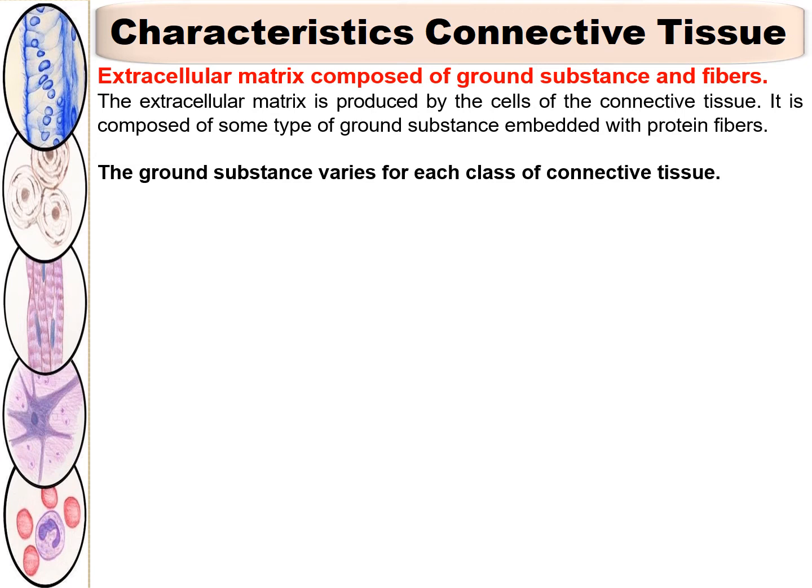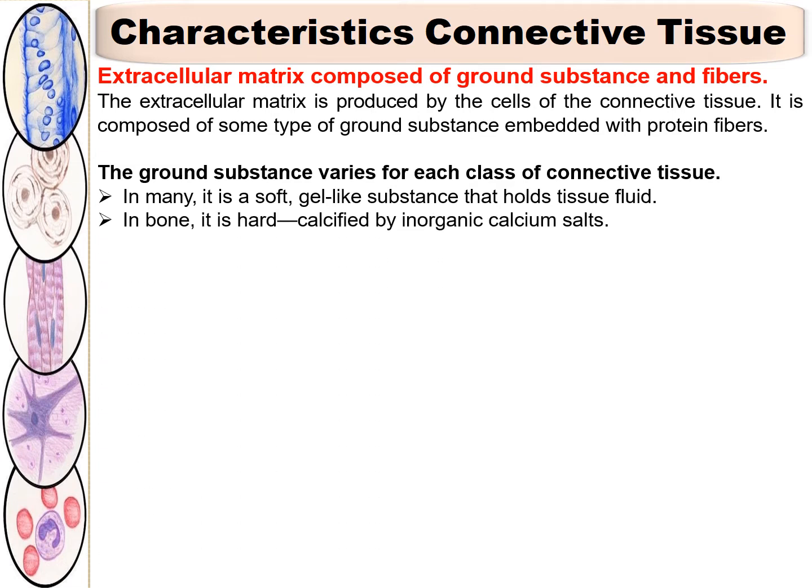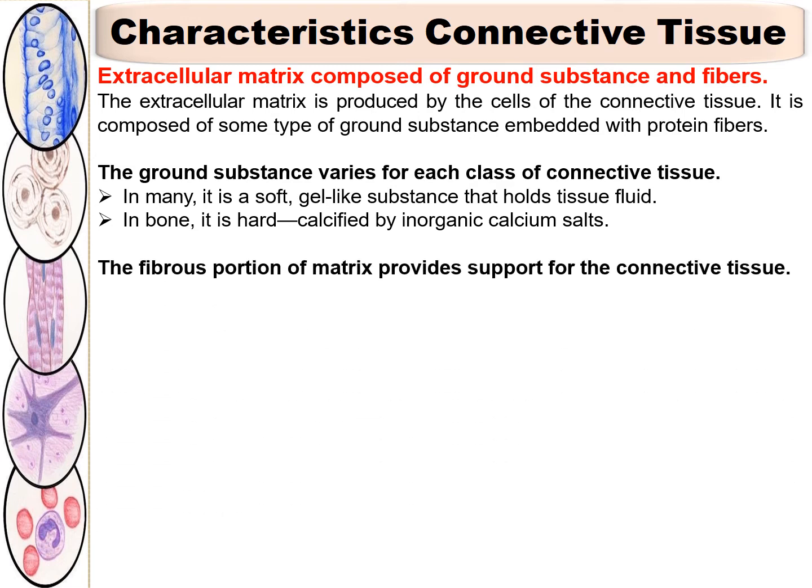Number one, the ground substance varies for each class of connective tissue. In many connective tissues, the ground substance is a soft, gel-like substance that holds tissue fluid. In the case of bone, the ground substance is hard, calcified by inorganic calcium salts. The second is the fibrous portion of the matrix. It provides support for the connective tissues.